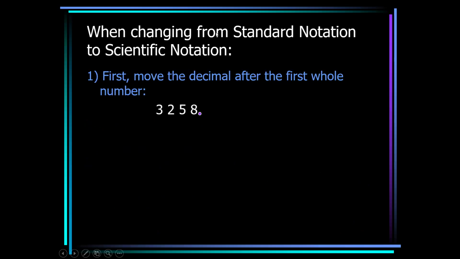Now, when changing from ordinary number to scientific notation, so you cross this, ordinary number to scientific notation, so move until it reaches 1 place value, right? Remember? So 3.258. What's your guess?